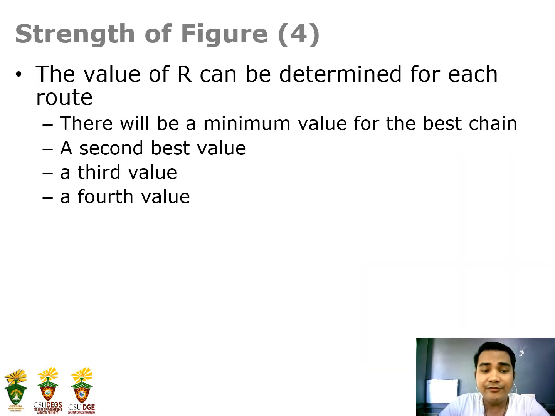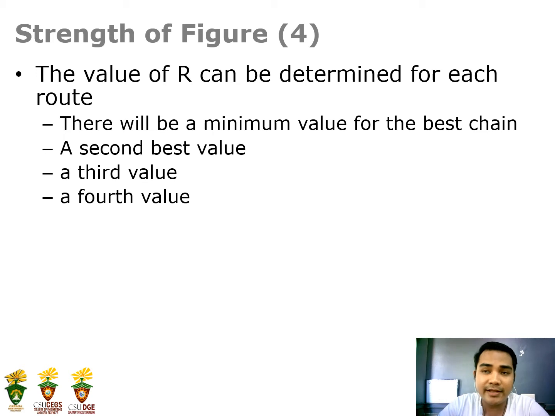Alright, so the value of R can be determined for each route. In every route that we solve, we need to determine also the strength of figure, or R. There will be a minimum value for the best chain.